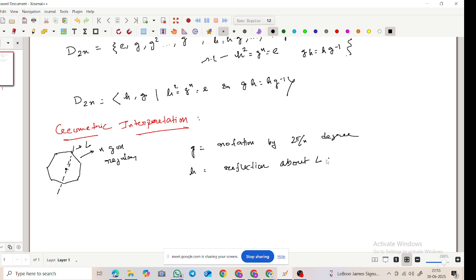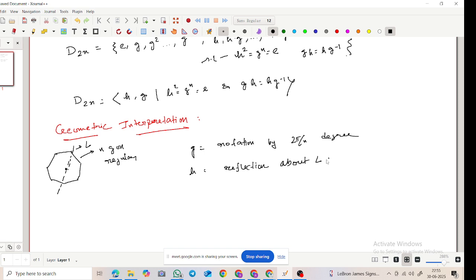Wait a minute, have I done it right? I think it will be, yes, it is correct actually. So you see, we are representing the element G as rotation by 2 pi by n.